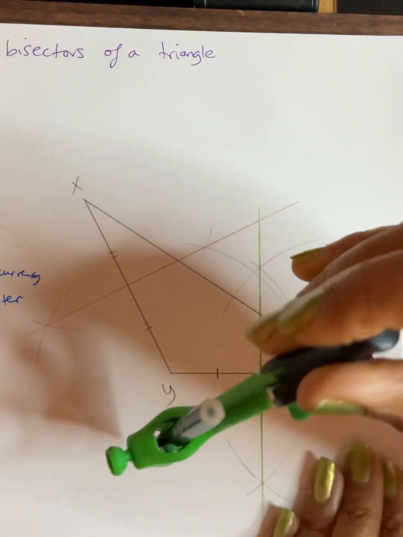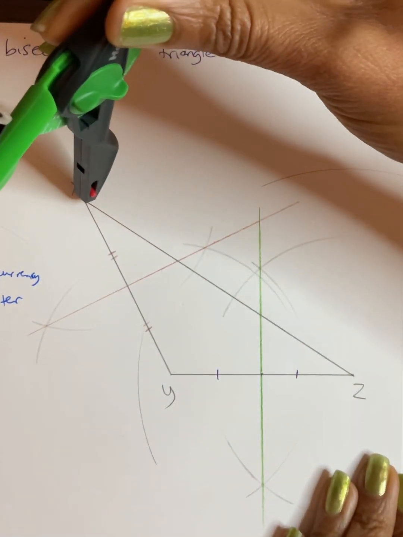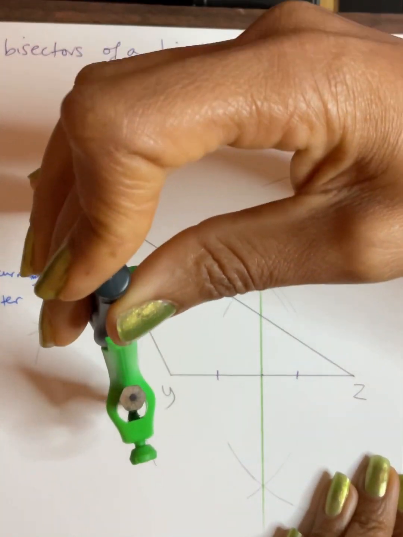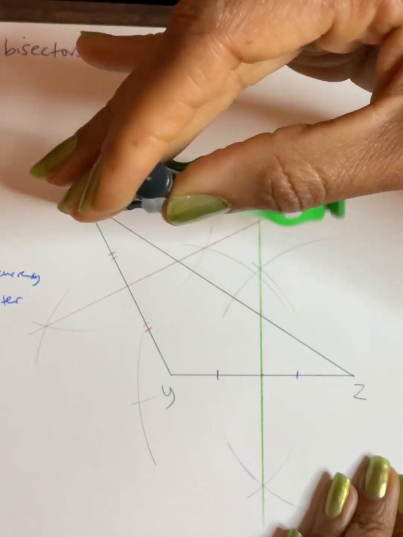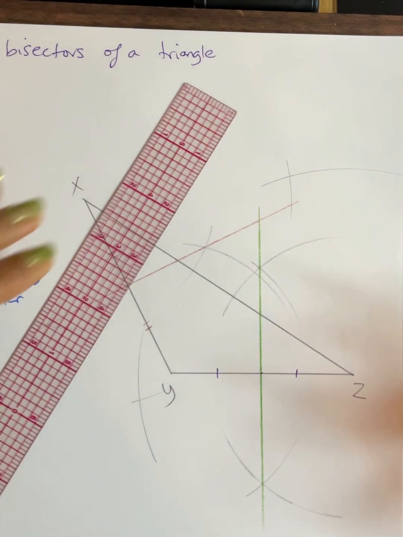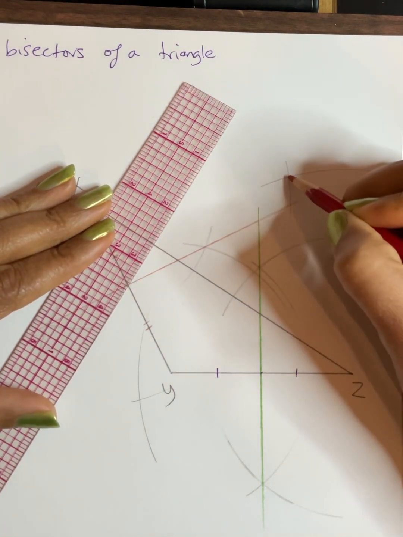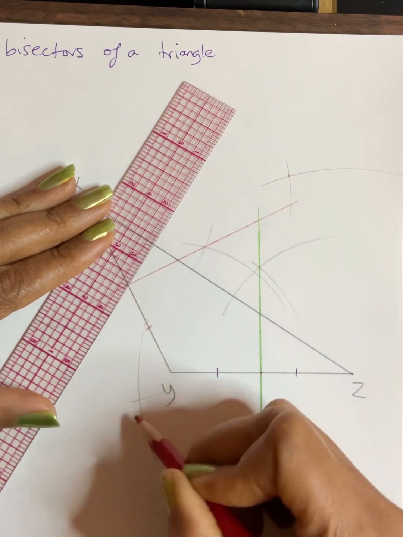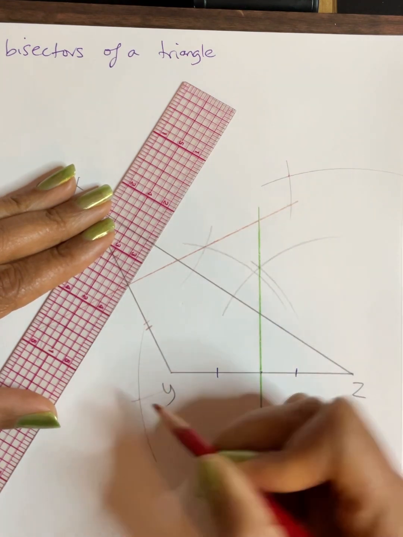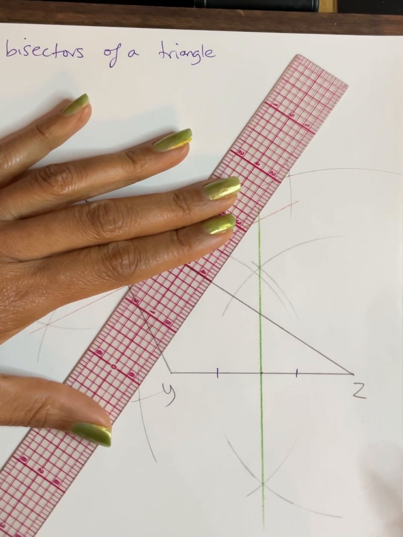Once again, you just need a little bit more than half of segment XZ, and I just need to cross the two arcs, make sure they meet, and I have this point and this point right here, and I'm going to do my connection.